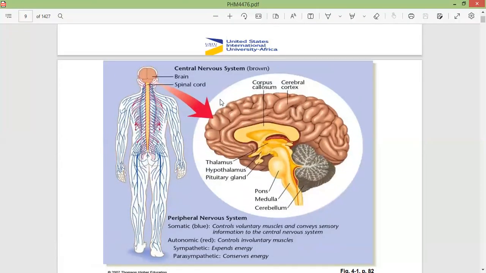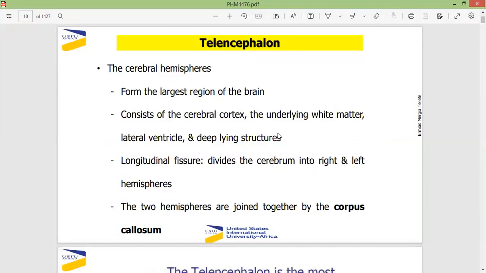So this is just another depiction, as we've said: central, brain, spinal cord; peripheral, we have the somatic and autonomic nervous system. Autonomic, it's the involuntary muscles, the cardiac, the smooth. Somatic is the voluntary muscles and will convey the sensory information to the central nervous system.